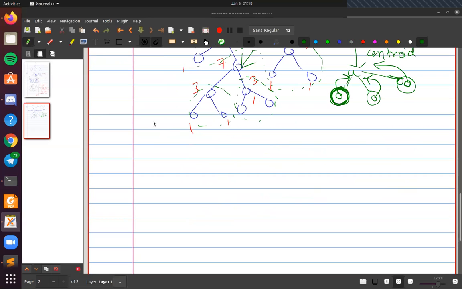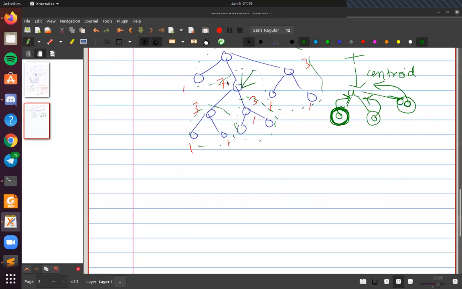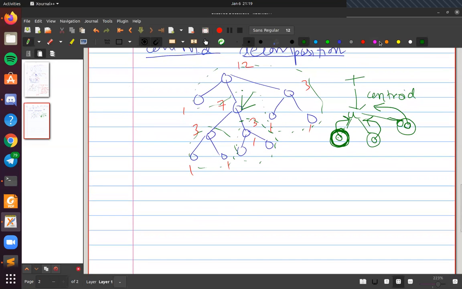So this was our centroid. Now, let me label them.